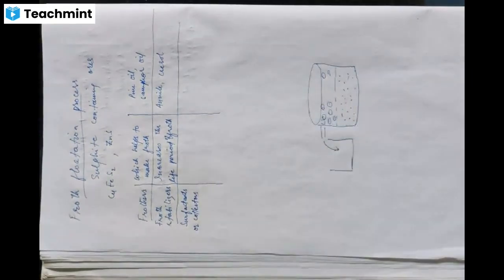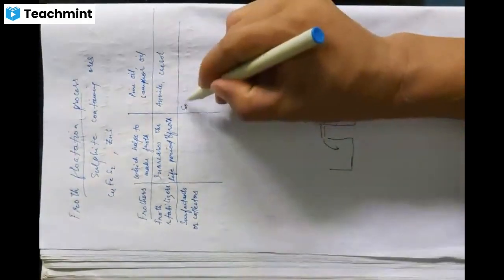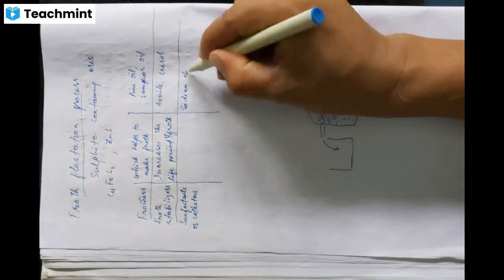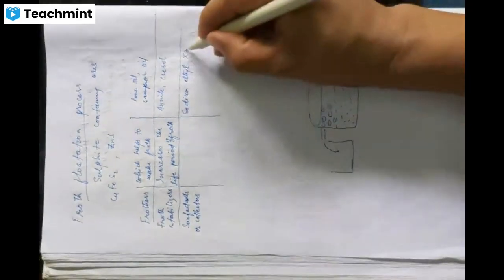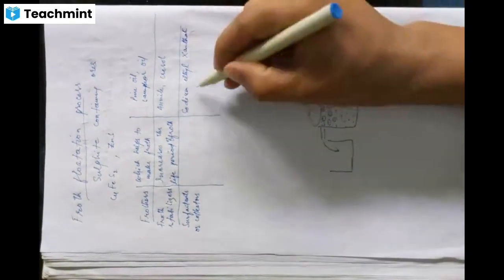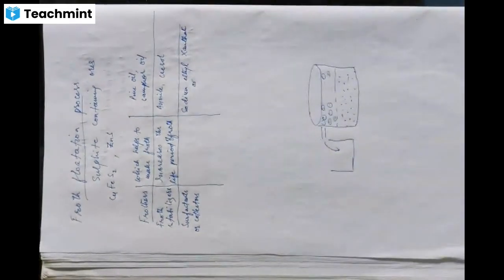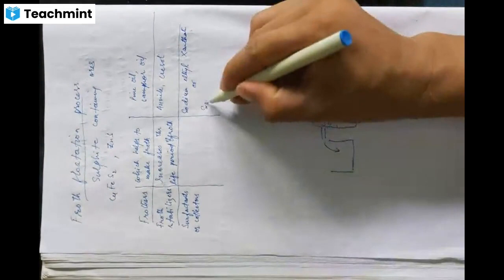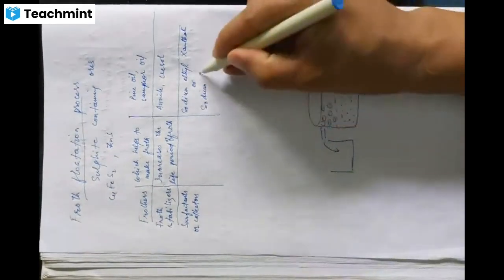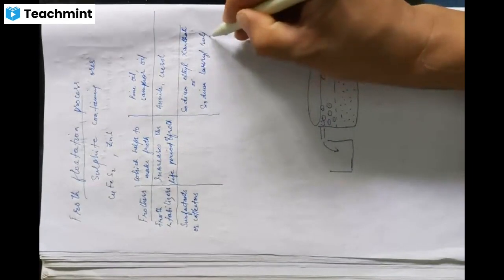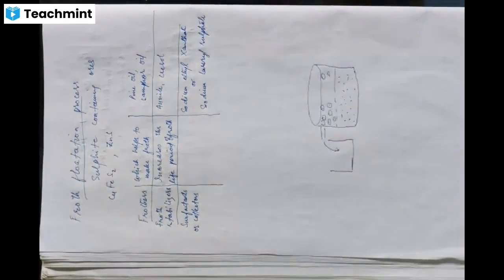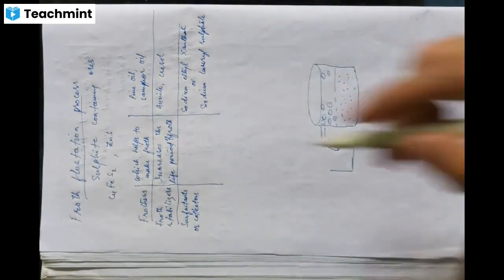And these are like sodium ethyl xanthate or sodium lauryl sulfate. So its purpose is to help in collection of the froth.